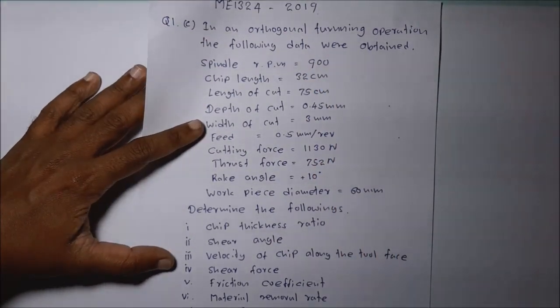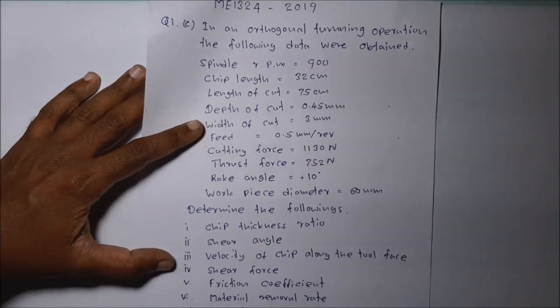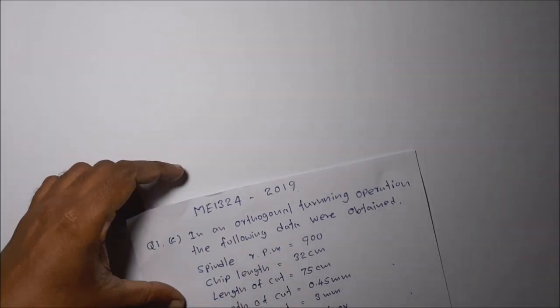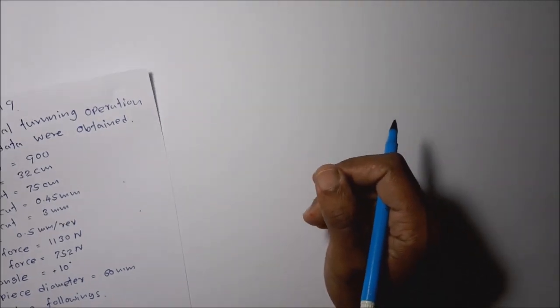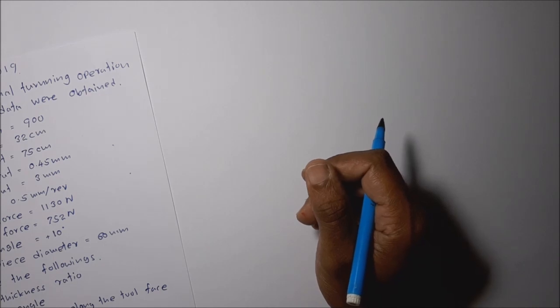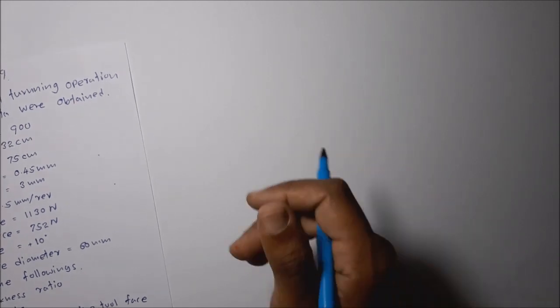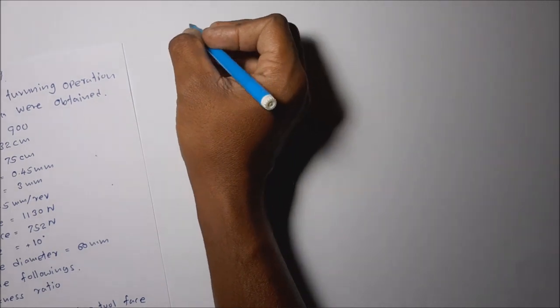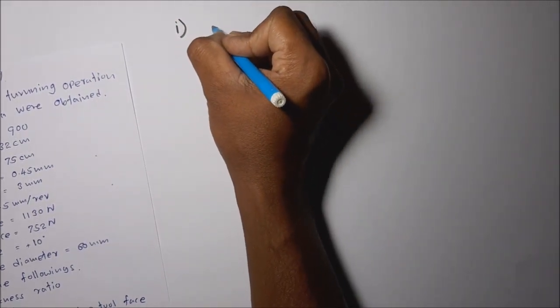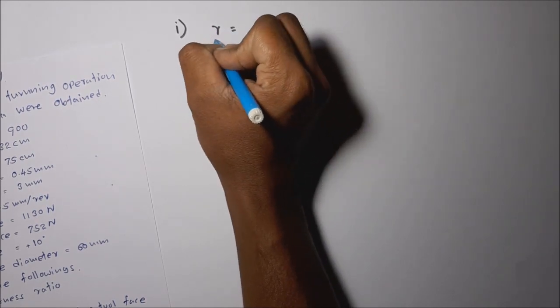In the 2019 paper, the chip thickness is not given, so we have to find the chip thickness ratio by equating the volume. The volume removed is equal to the volume in the workpiece before it was removed. So the first one, chip thickness ratio, R. R we are going to find.